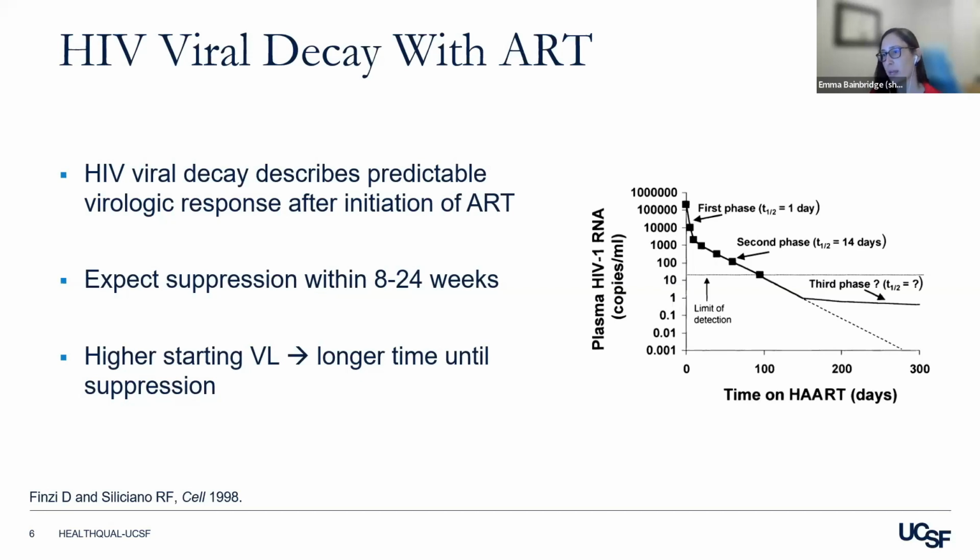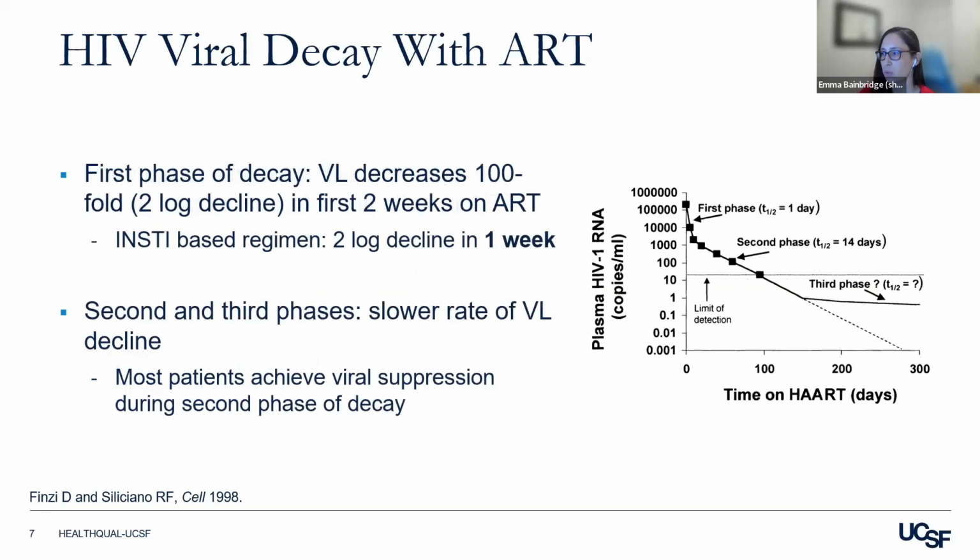It's a wide range, but we do expect patients to suppress within 8 to 24 weeks, assuming they're taking their medications regularly and that they are susceptible to the drugs that they're receiving. If you start with a higher viral load, it does, not surprisingly, usually take longer to achieve suppression.